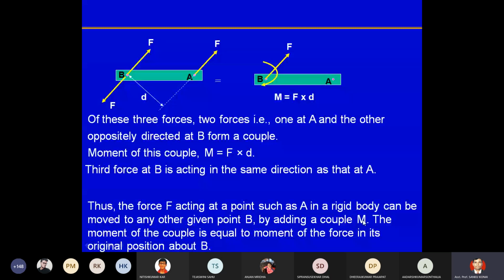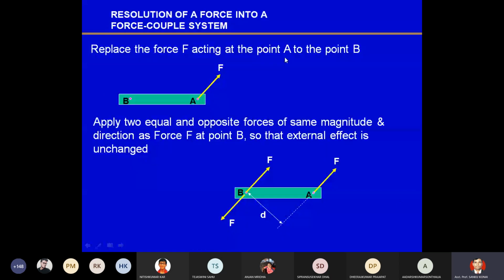So ultimately what I am trying to say is, let's say you have a force acting at A, and there is no other force initially, like in this figure. If we have to move that particular force from point A to point B, the direction and magnitude of the force will remain the same at B, with one addition of a moment, whose value will be the moment of this initial force with respect to the new point.